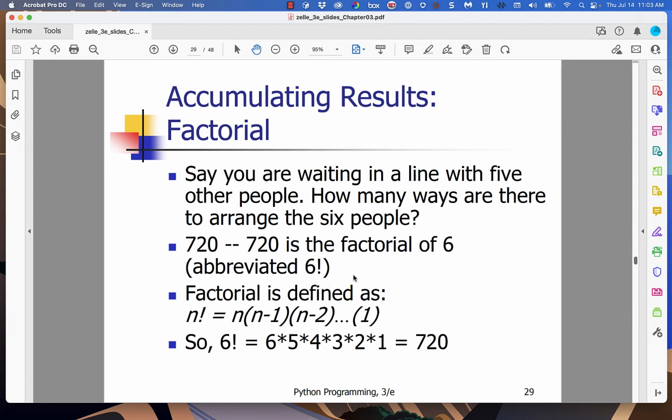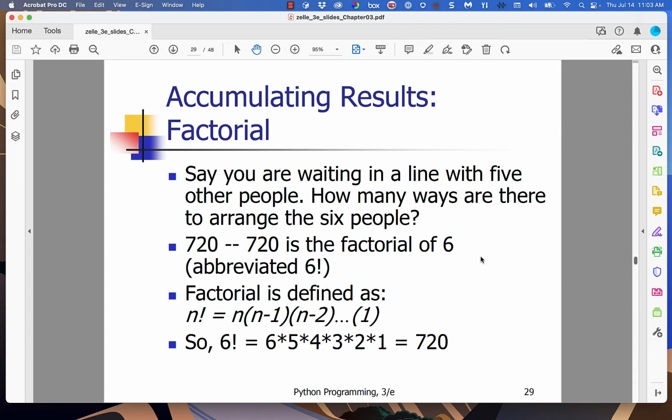The exclamation is mathematical notation, not Python syntax, but mathematical notation for factorial. So 6 exclamation is 6 factorial.